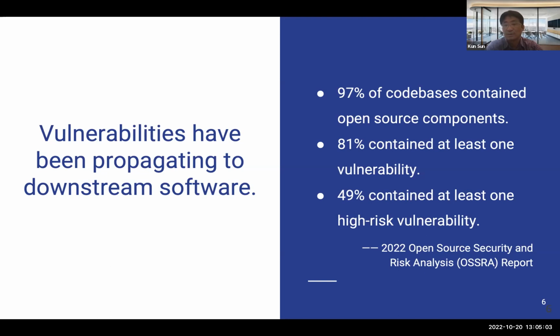There is a report saying that 97% of software may contain open source components, and 81% of those may contain at least one vulnerability, and 49% contain at least one high risk vulnerability. So how to fix vulnerabilities in open source software is a critical problem.